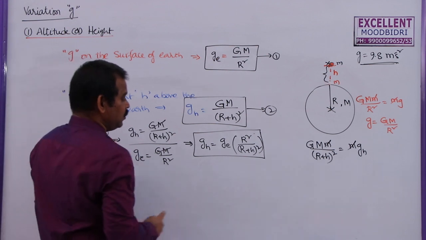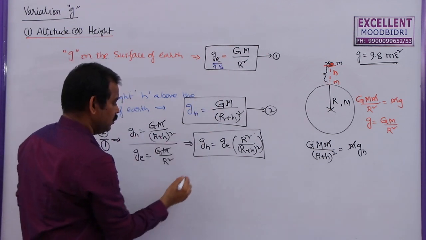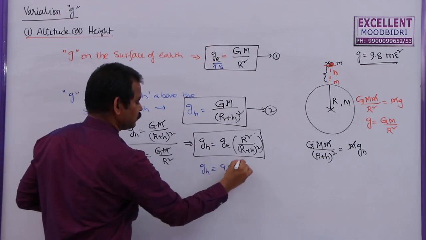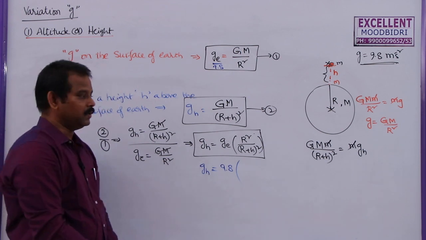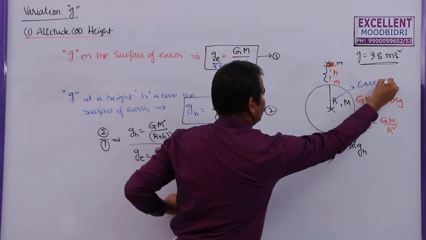You can see the value of acceleration towards the surface of earth is equal to 9.8. So what is gh? This is 9.8 into, the radius of earth, remember students, this value is 6400 kilometers.